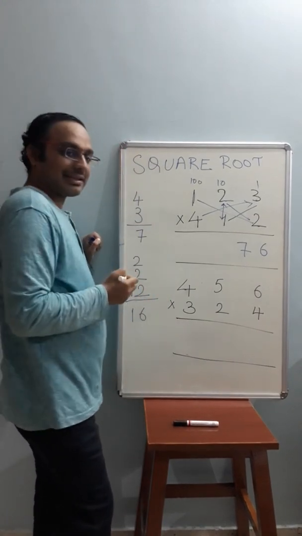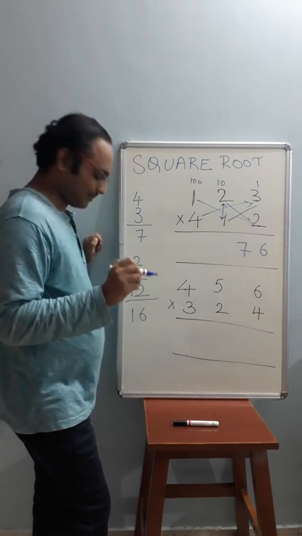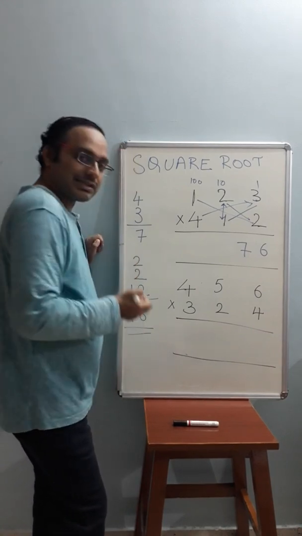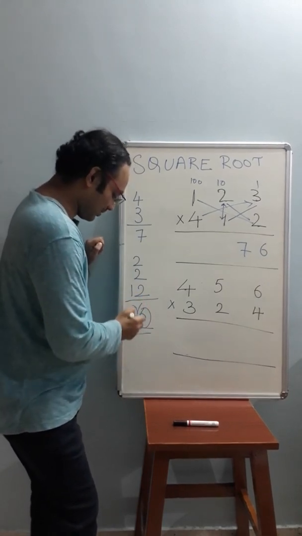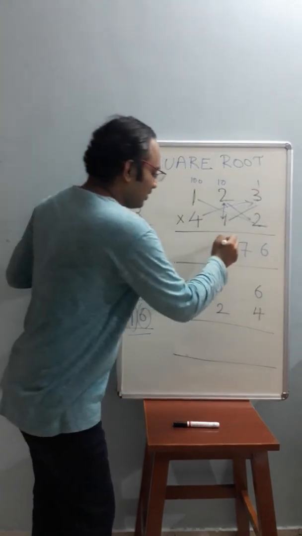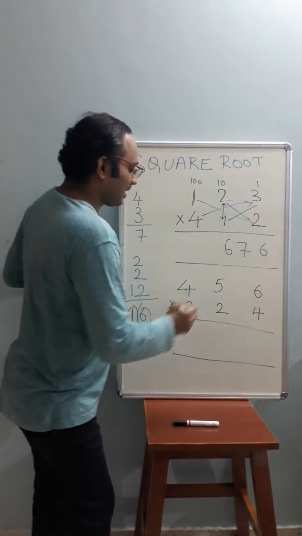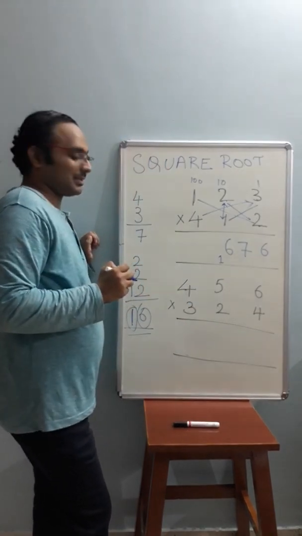That is 16 hundreds. But every place value can have only one digit. 16 hundreds means 6 hundreds and 1000. So this 1 would contribute to the thousands place. So I will put 6 in hundreds place and 1 I will put as a carry in thousands place.